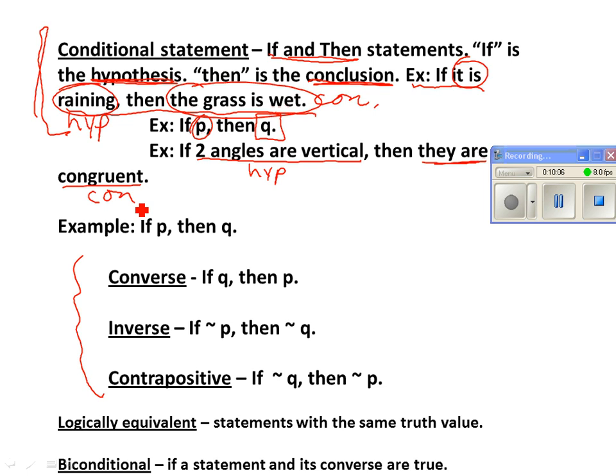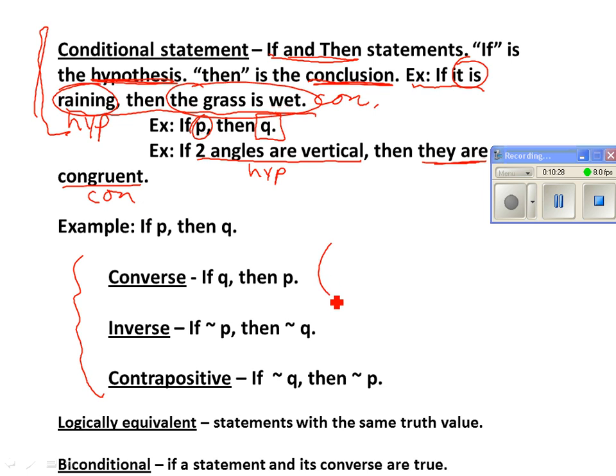Converse, inverse, contrapositive. Make sure you write this down as I write it down on here. It's going to help you to understand this. Again, there's a question on the final exam that deals with these three things where you've got to take a sentence and change it into the converse, the inverse, and the contrapositive. The first one, converse.